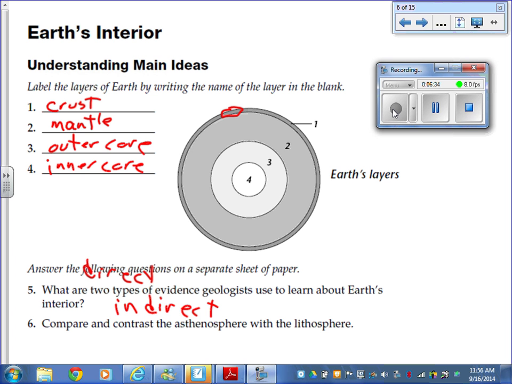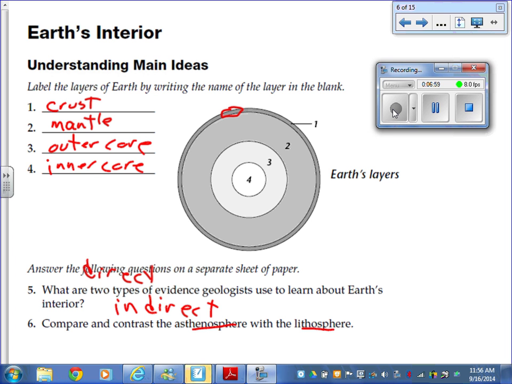There's no way to drill any deeper into the Earth because of the heat and pressure. So oftentimes scientists use models or indirect evidence. In this case, we'll talk about it in a little more detail, but the indirect evidence includes earthquake waves and such. So compare and contrast the asthenosphere with the lithosphere.